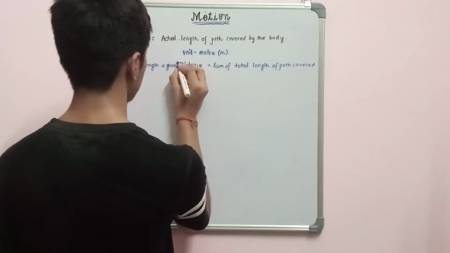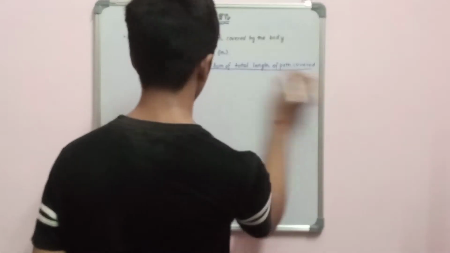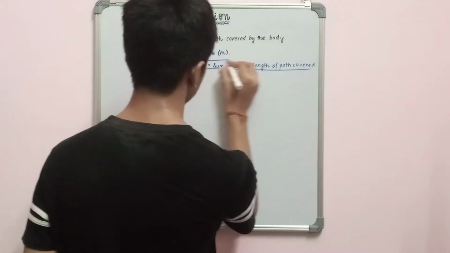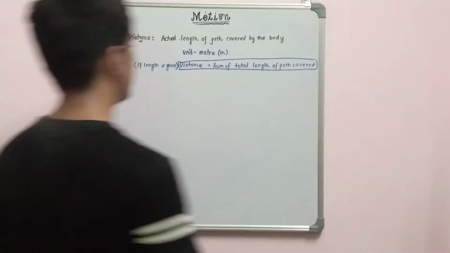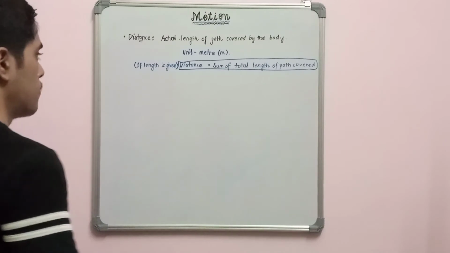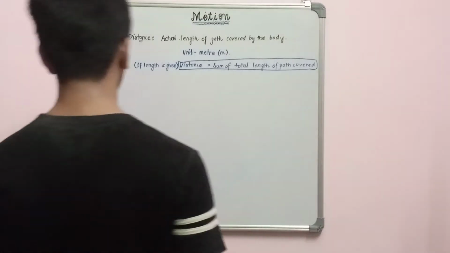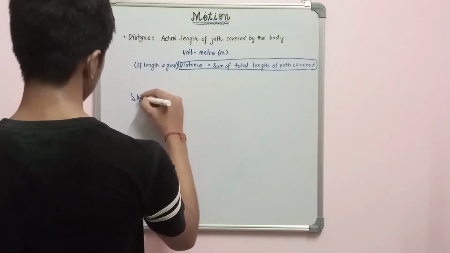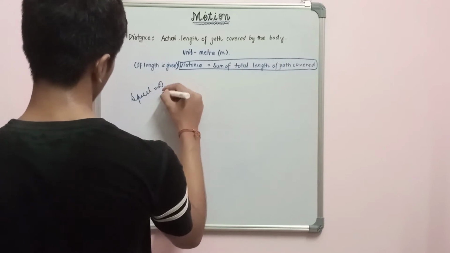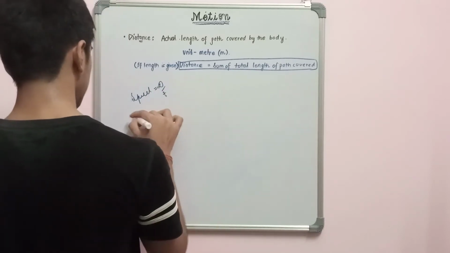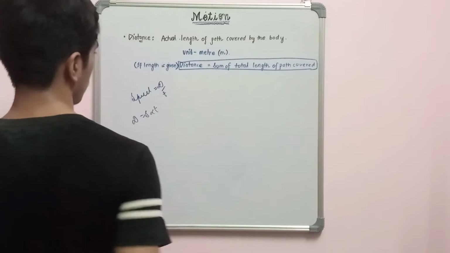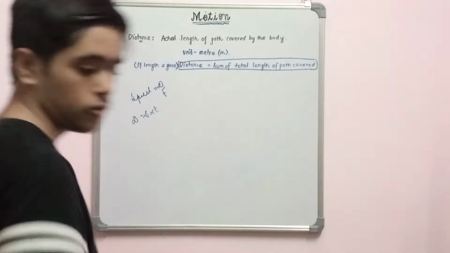This is the formula we use to calculate distance when the length is given. Now another formula comes from the formula of speed, which is distance upon time. So distance becomes speed into time.